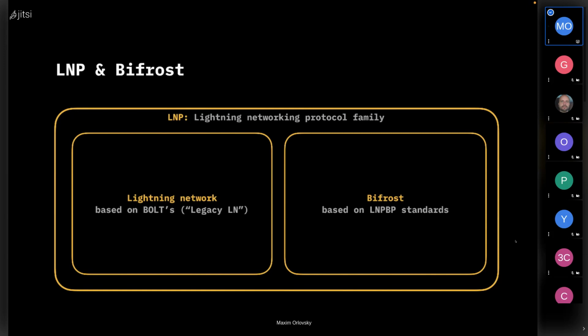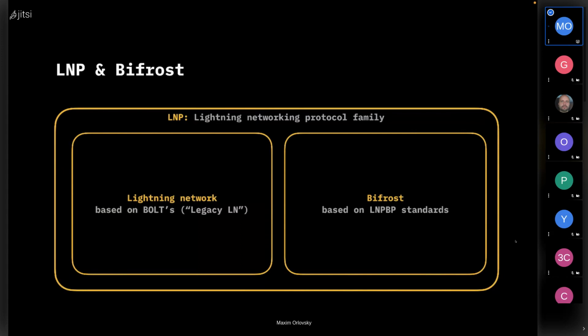And next to it, we would like to put Bifrost, which will be defined as a set of LNPBP standards maintained by the LNPBP Association, which I'm presenting from today. And this Bifrost will be a second part of the LNP family of protocols next to the legacy Lightning network.